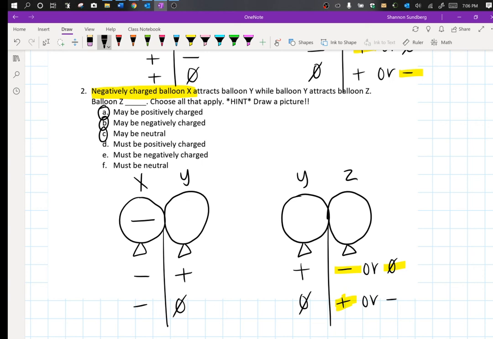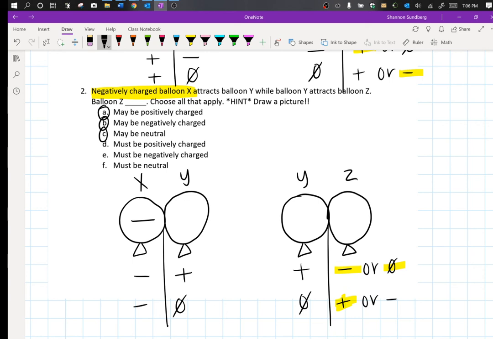Two neutrals won't repel or attract, they'll just hang out there. So if we were to rephrase number 2 to say negatively charged balloon X repels balloon Y, that means Y has to also be negative.